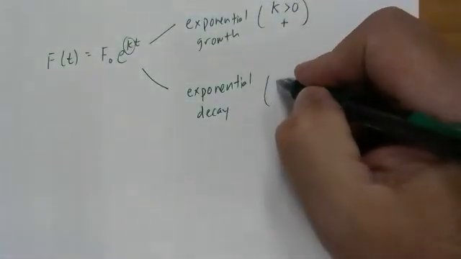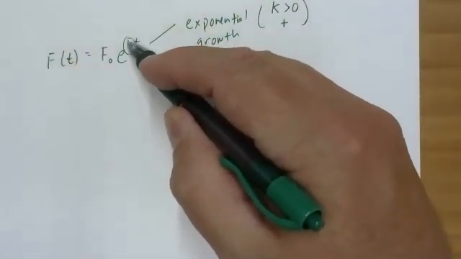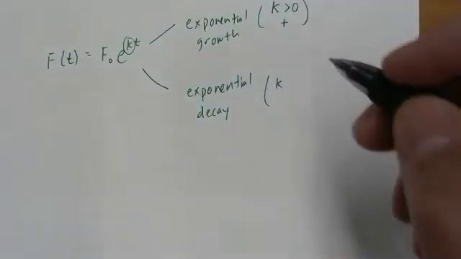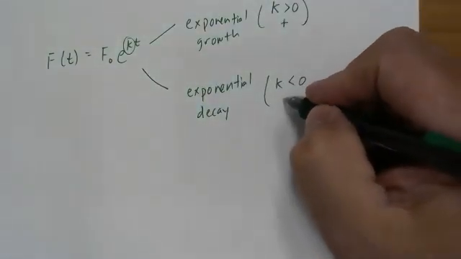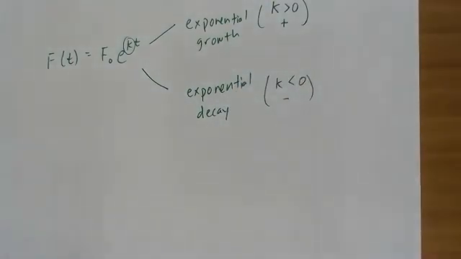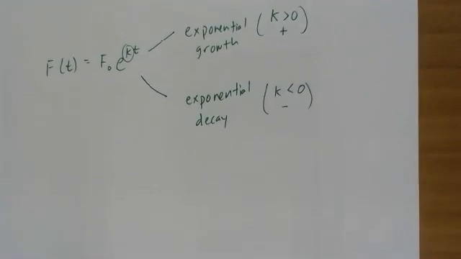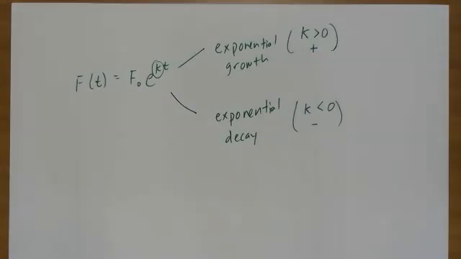However, there are other times when you look at this exponent and the number in front of the T is a negative number. So if K is negative, then that's called exponential decay. As time goes on, the value of the function is actually decreasing.